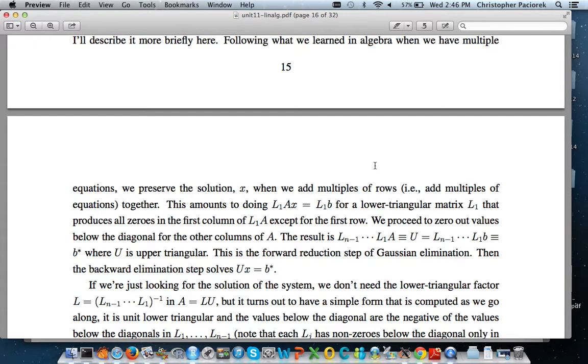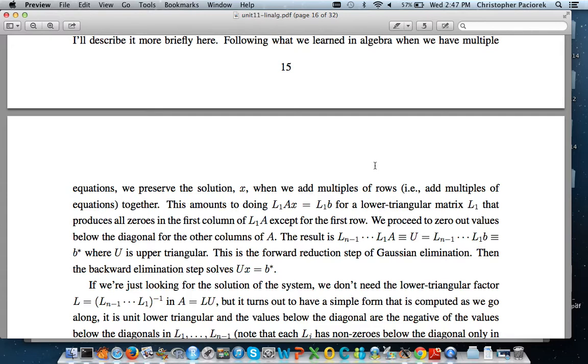Okay, so once I do that, I'm not quite sure how I want to write this. Okay, so this, what I'm calling A22^(1), is the new A22 from doing this first step.